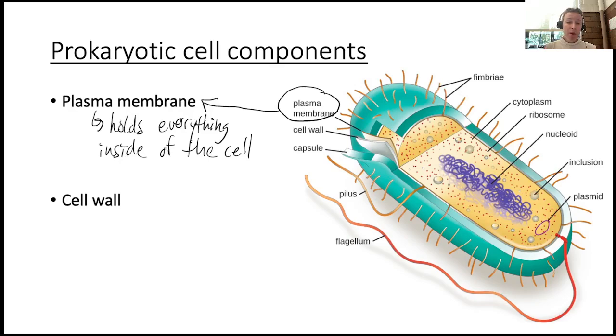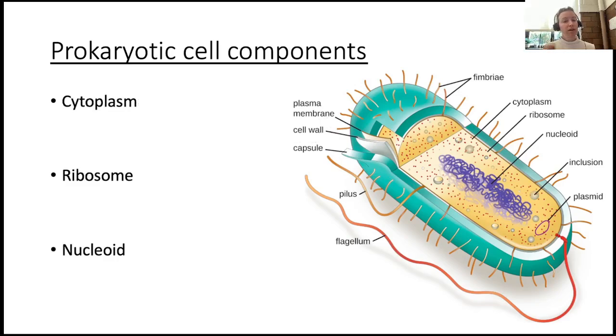But the plasma membrane isn't particularly sturdy. So bacterial cells have a cell wall. The cell wall is a bit thicker, it's more sturdy, it provides protection to these bacterial cells.